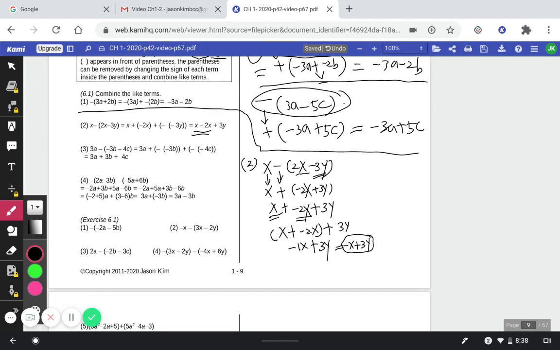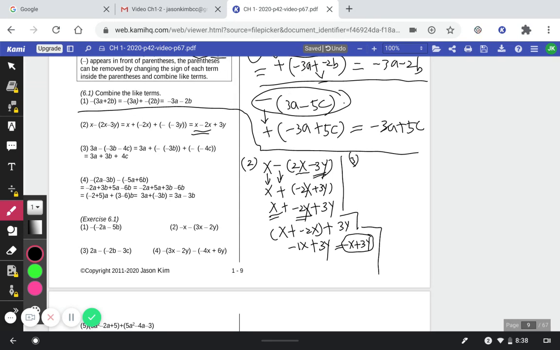Now, number 3, we had 3a minus negative 3b minus 4c. So you have a subtraction here, so you do keep change. You keep 3a the same, minus becomes plus, and inside the parentheses, everything changes.